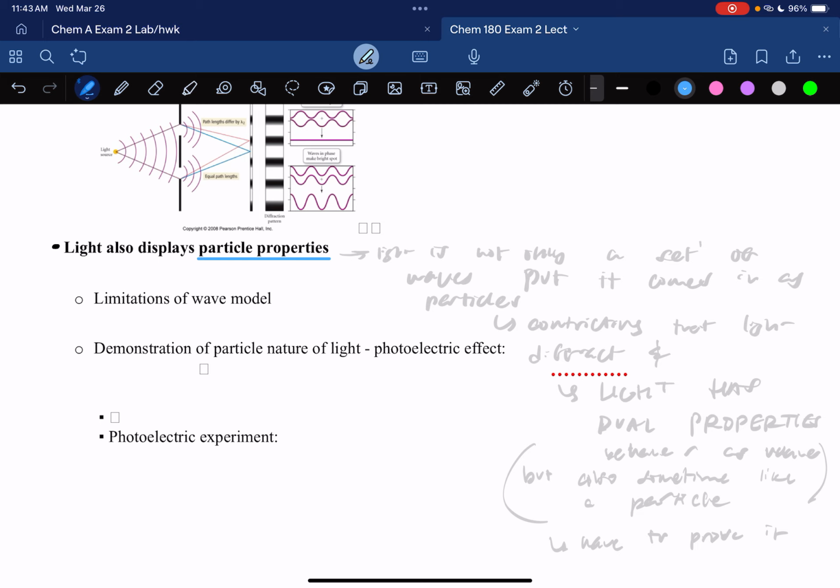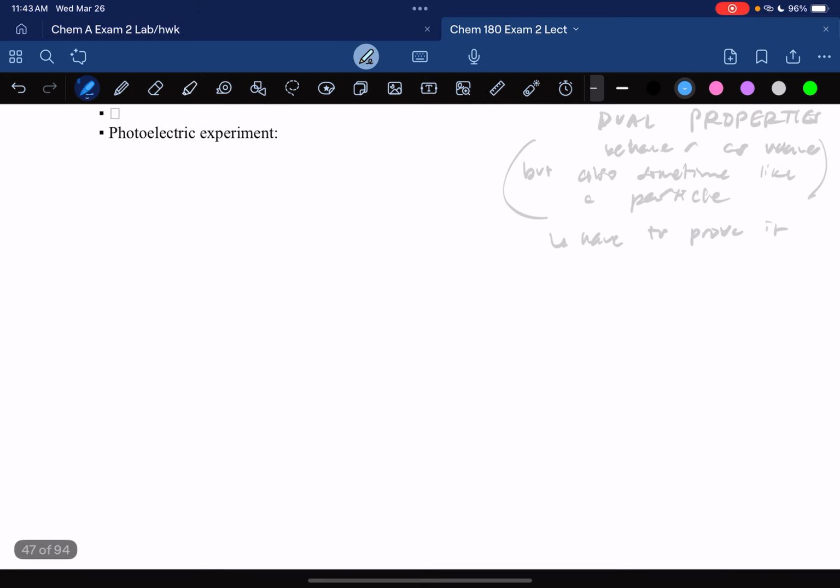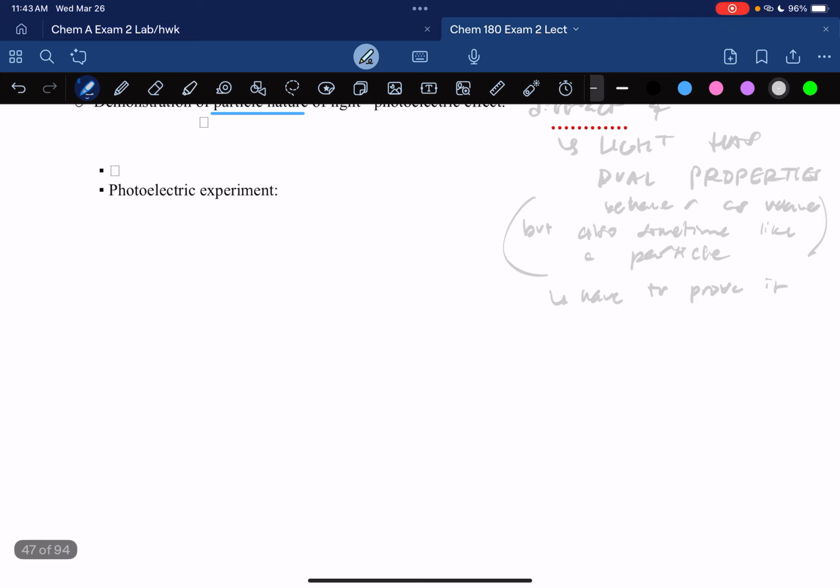Okay. And now I want to show you that light also has particle nature, which is through this experiment called the photoelectric effect. So the photoelectric effect shows light also consists of particles.